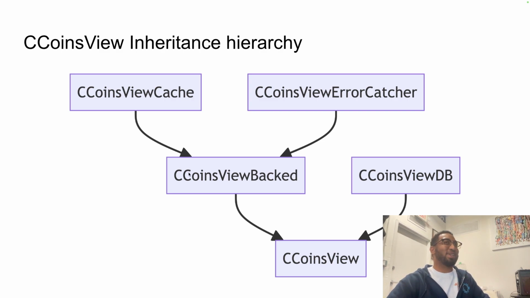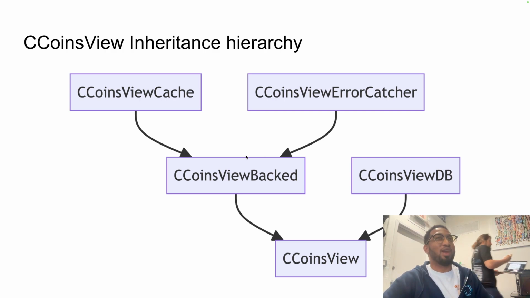Then you have this thing called CCoinsViewBacked, and CCoinsViewCache and CCoinsViewErrorCatcher both inherit from CCoinsViewBacked. Again, a little confusing, but when these classes inherit from CCoinsViewBacked, it's indicating that it can wrap a CCoinsViewDB or anything else that inherits from CCoinsView.